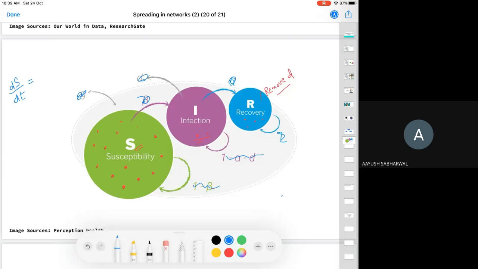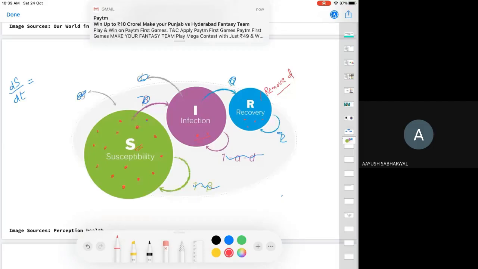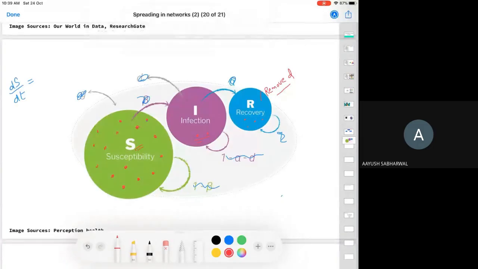On what basis will these people go to the infected chamber? So generally the infections are passed along contacts, but we do not have any contacts here. What we do in this model, we assume that your network is fully connected. Anybody can infect anybody, or you assume it's a homogeneous mixture of population. People are just moving around randomly.